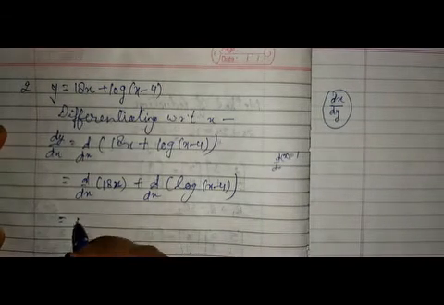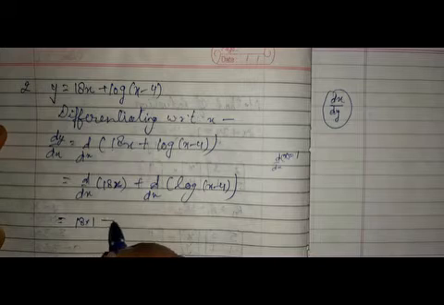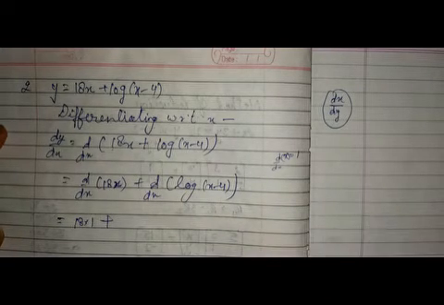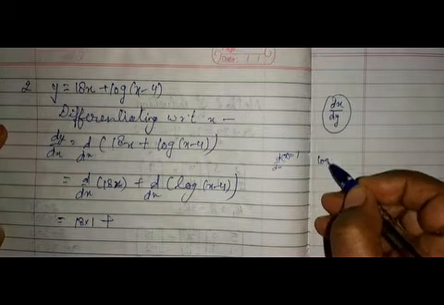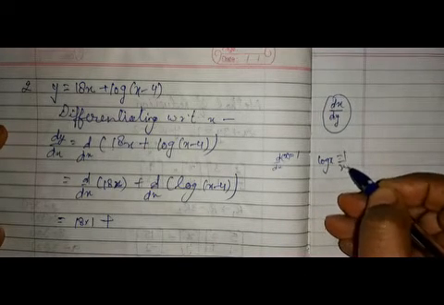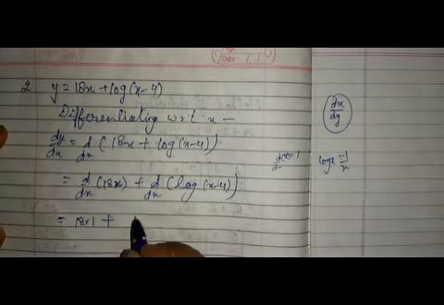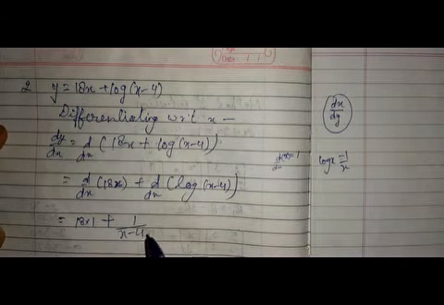So we write here 18 into 1 plus d by dx of log, the derivative of log x is 1 by x, but here it is given x minus 4. So we write here 1 upon x minus 4.